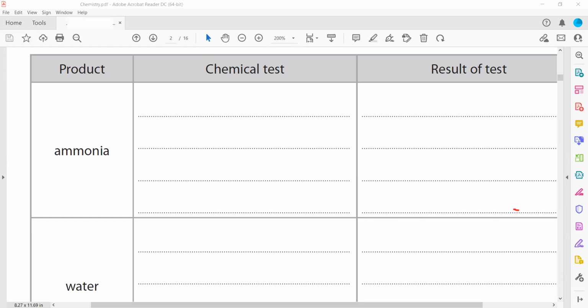When ammonia reacts with these hydrogen halides, for the chemical test we can react it with hydrogen halides, or you can mention a specific one, like hydrogen chloride gas.